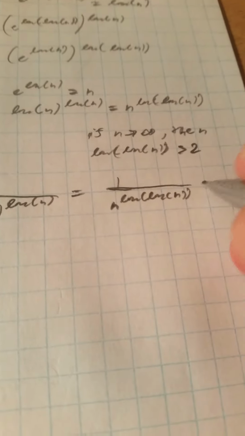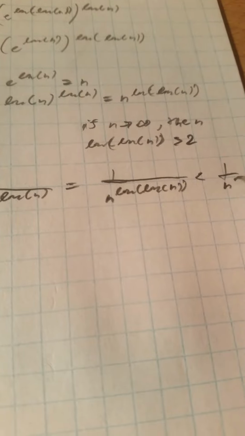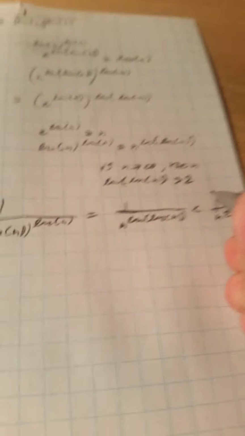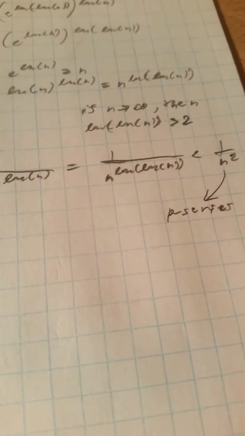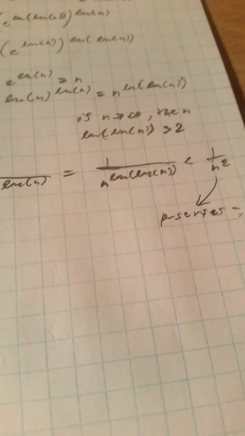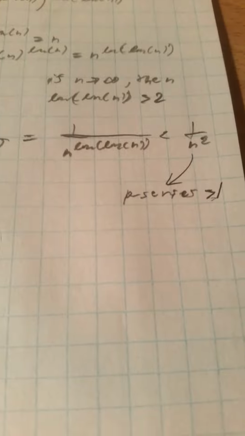So then this is less than 1 over n squared. And now we know that 1 over n squared is a p series, with p greater than 1. So if it's greater than 1, it means it's convergent.